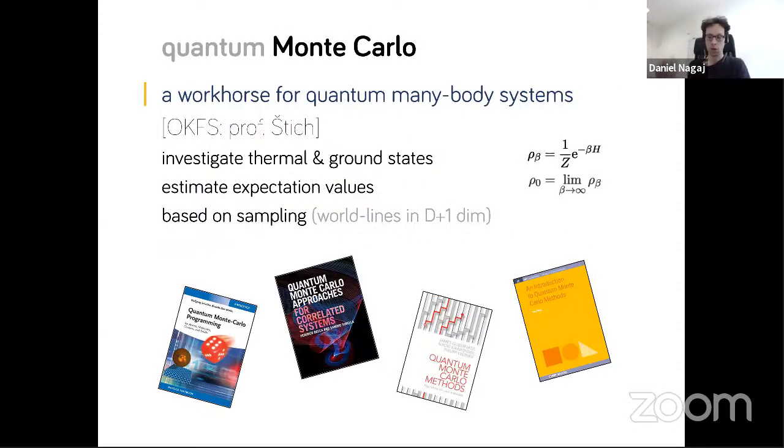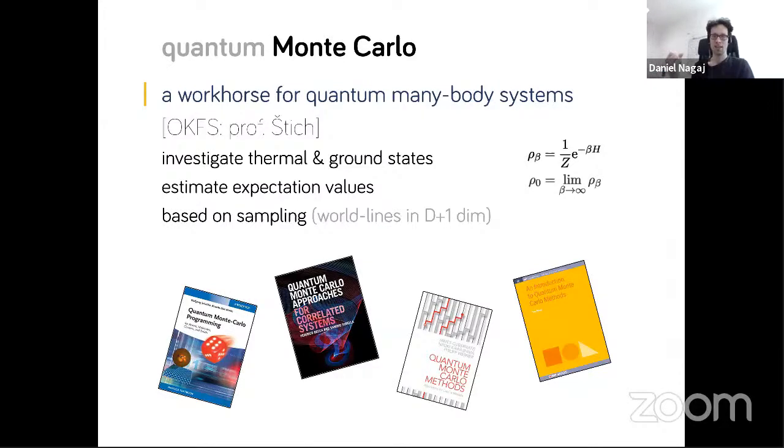In practice, there's a workhorse that we use very often. It's called Quantum Monte Carlo. Here in our institute, it's what basically people in the OKFS group of professors use every day.